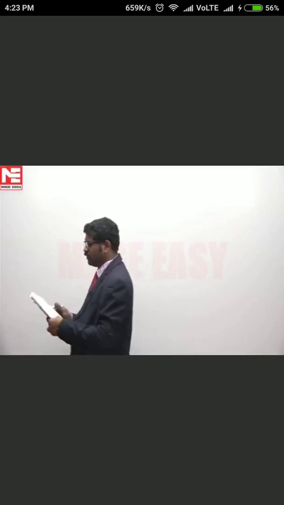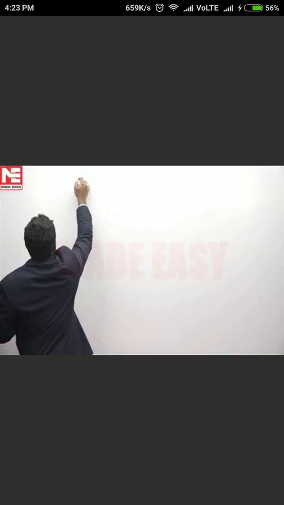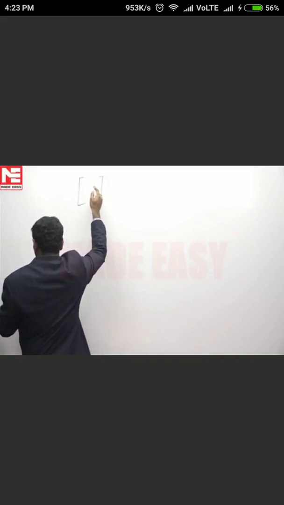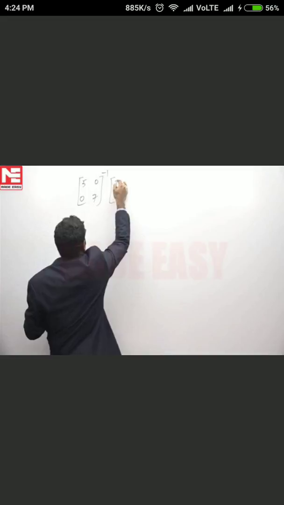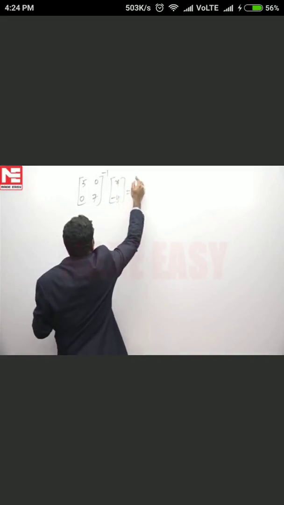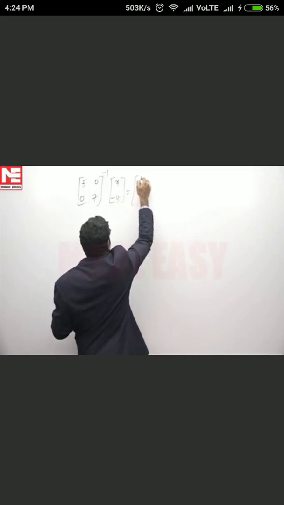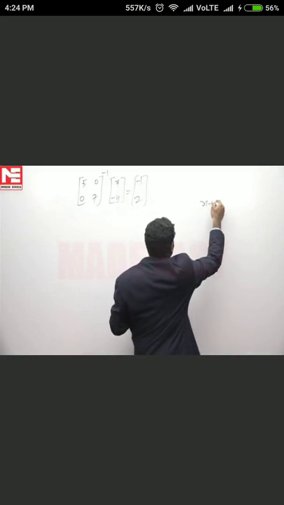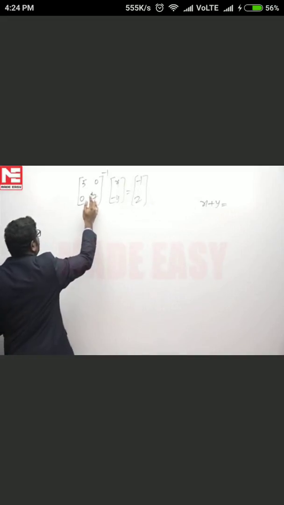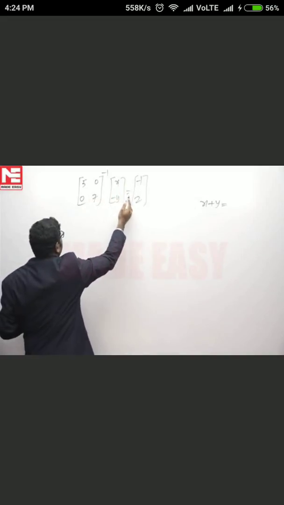We have to find out the solution of the system: the matrix [5 0; 0 7] inverse, x minus y equal to minus 1 2. Then x plus y is, so first you have to find x value and y value. This is in the form of A inverse of x minus y equal to minus 1 2.